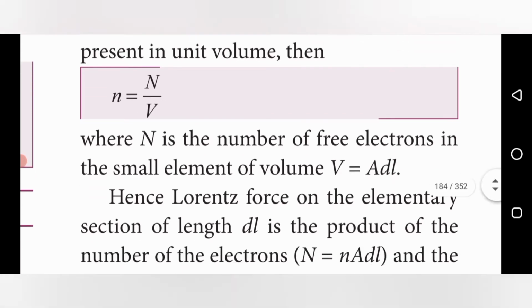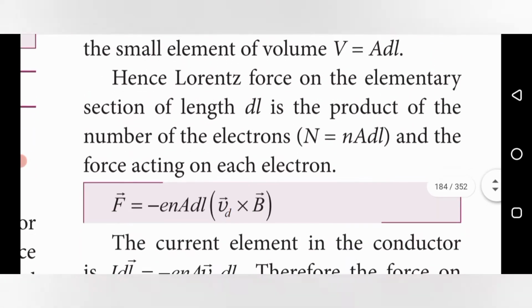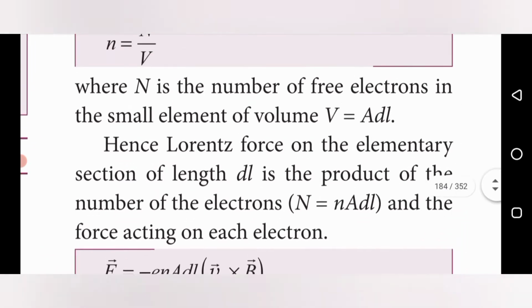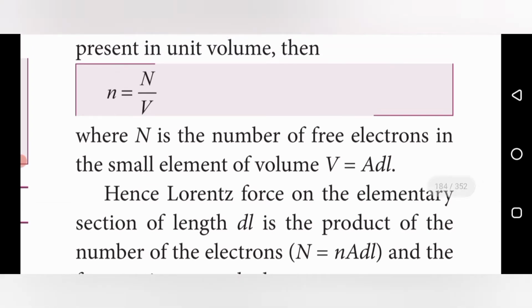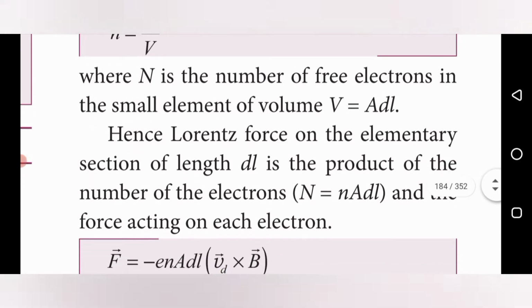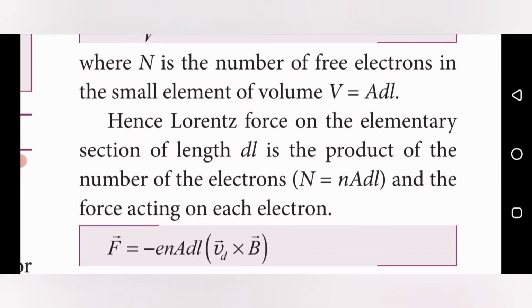So next, small n is equal to N by V. You already know that V is area into length. Substituting that V value in the above equation, what is the value of small n? Capital N divided by A dl. Then we want to find capital N, the number of electrons in the small elementary section dl. Capital N can be represented as N is equal to small n A dl.